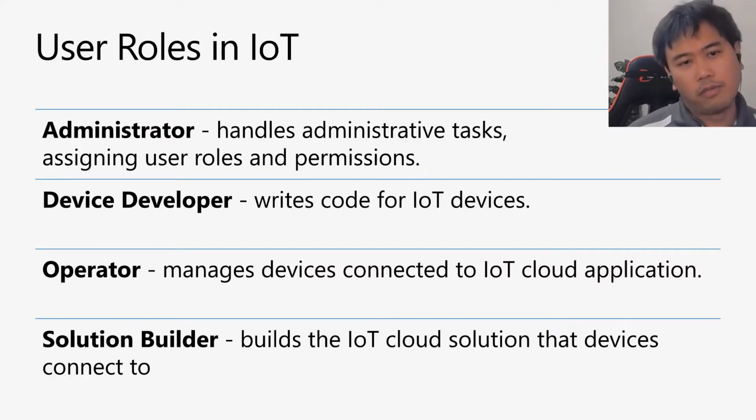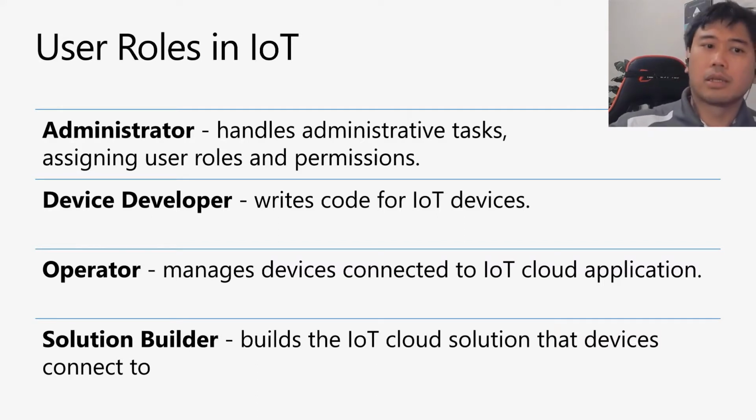And then the device developer is the one who writes the code for the IoT devices. Of course, there are software updates that might be needed, or if you have a third party that you are integrating with your Internet of Things systems, there may be some updates.